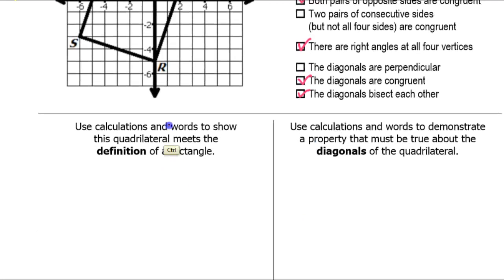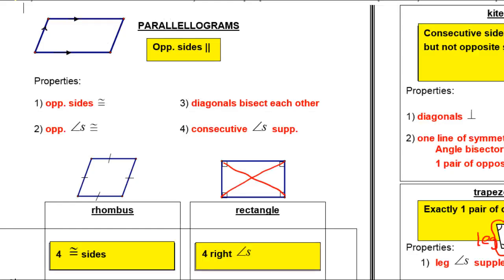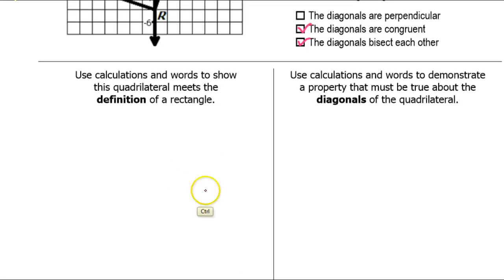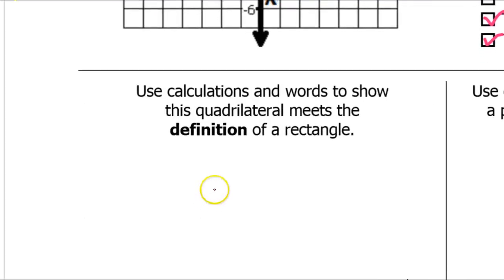Now, use calculations and words to show that this quadrilateral meets the definition of a rectangle. Remember, the definition is 4 right angles. So that's what I need to prove right now. So let's write that down.